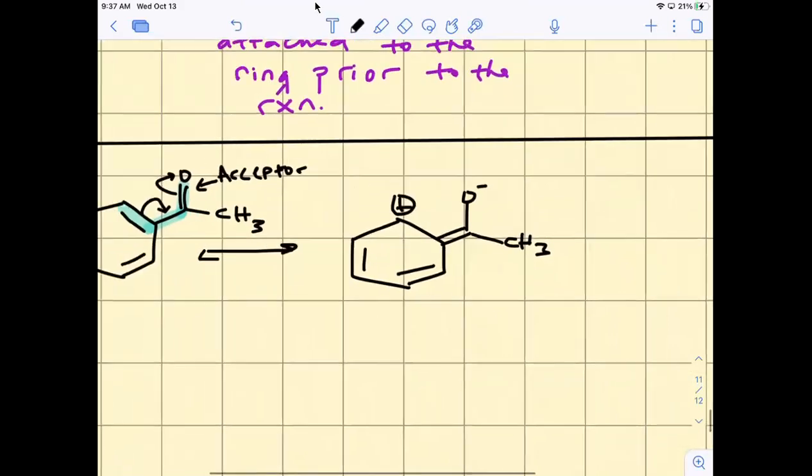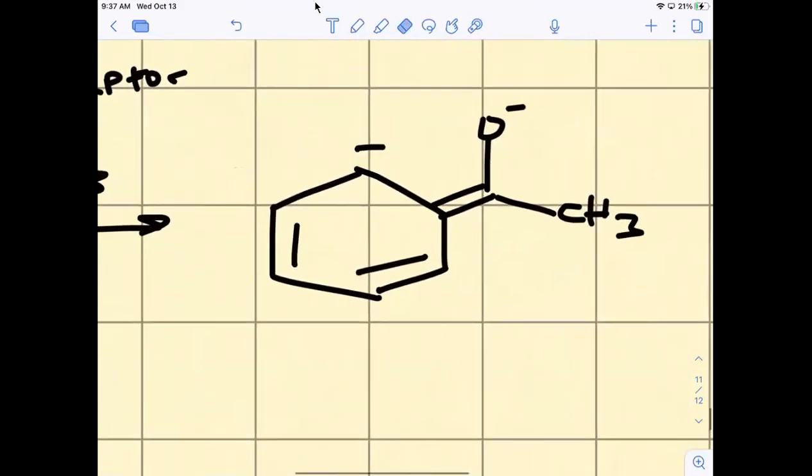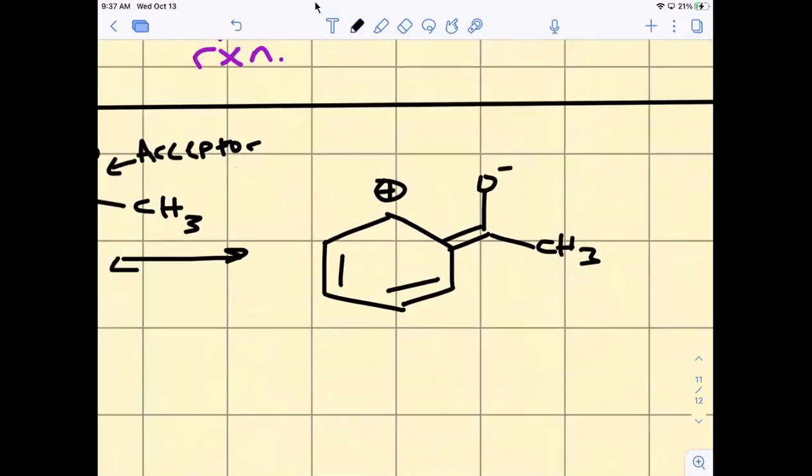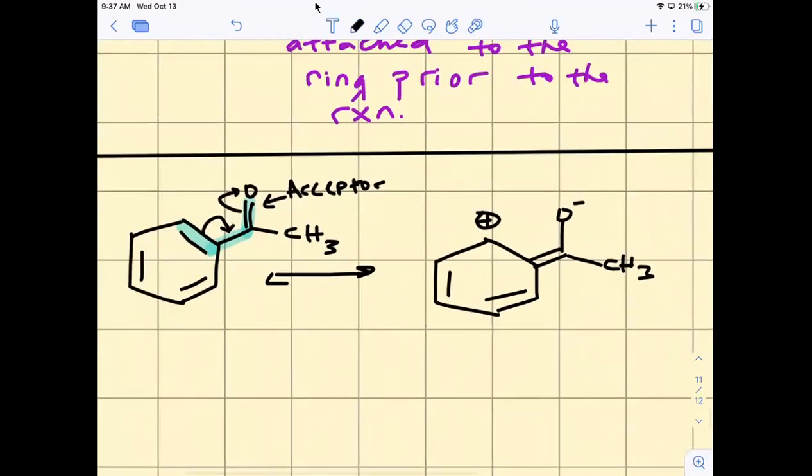Agree, disagree? If I shift that pi bond outside the ring, that carbon right here is going to become positive. Is that right? Because I broke a bond to it.